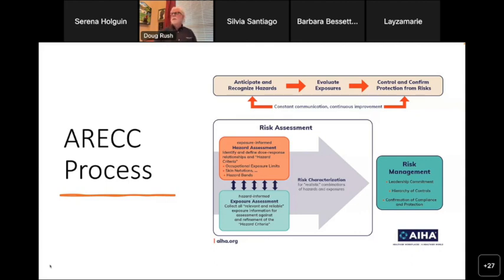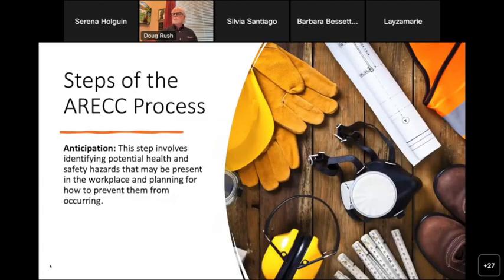If you have a program other than the one that I showed you earlier, where you just take samples, you don't know why you're sampling, or maybe you do, but you don't put down enough information so that when the guy or the gal behind you comes in to replace you because one day you don't show up for work, either you retired or something else, that person can take the work that you've been doing for 10 or 15 or 20 or whatever years and just go from that point on. They don't have to reinvent the wheel. So let's talk a little bit about the steps of the ARECC process.